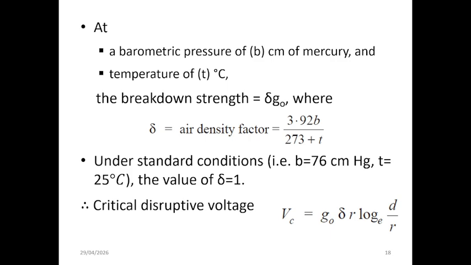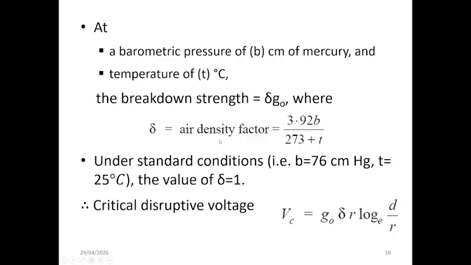Under these non-standard conditions, the effective breakdown strength becomes delta G0, where delta is the air density factor. The air density factor, delta, accounts for the combined effect of pressure and temperature and is given by the relation as you can see in this slide.